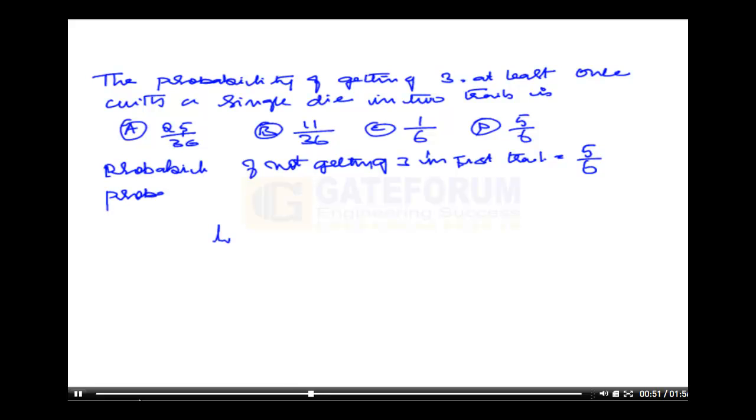Similarly, the probability of not getting 3 in the second trial, because both are independent of each other, therefore 5 by 6.